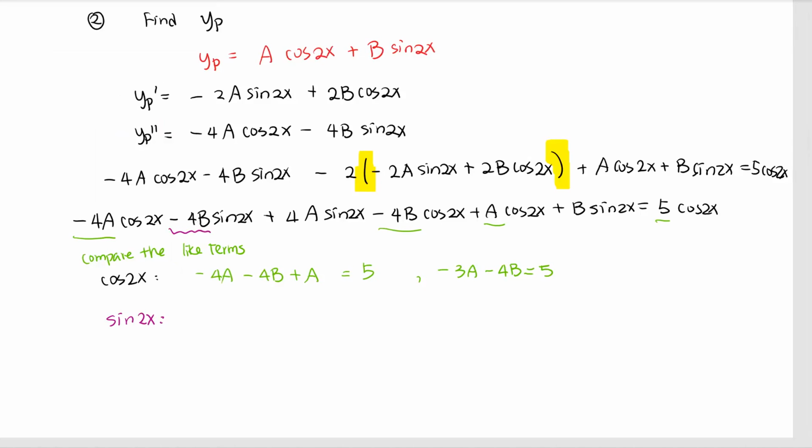So we have this guy, minus 4b, and this guy, 4a, and this guy, b, equals to, there's no sine 2x on the right. So that's 0. So we have 4a minus 3b equals 0.